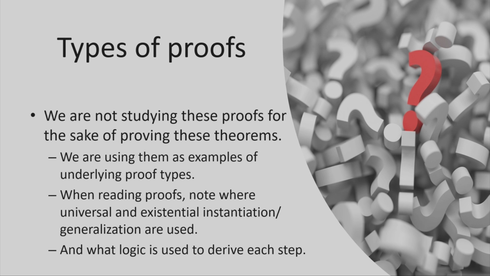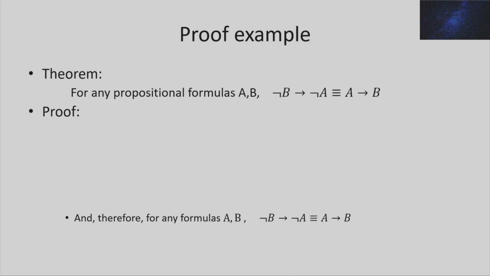And in this step, well, it follows by universal modus ponens from the previous one. And again, chances are we will be skipping some steps. If you think a step is skipped, try to work it out yourself. So let's do a proof example with hopefully as few skipped steps as I could think of.